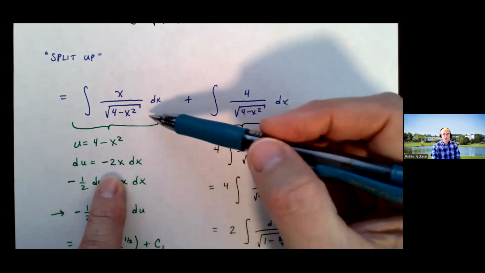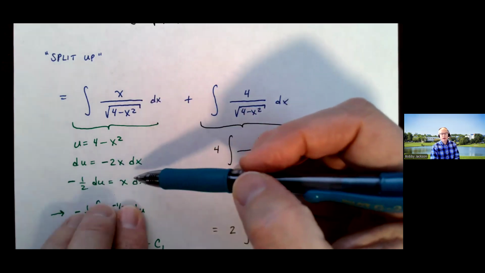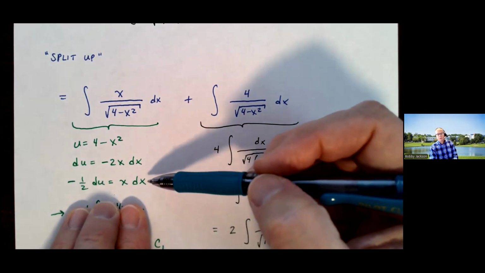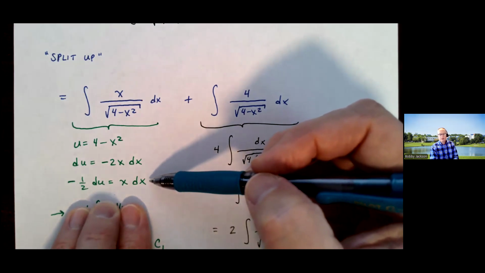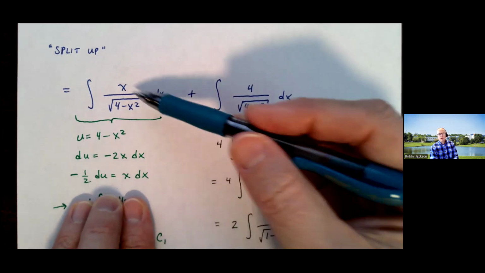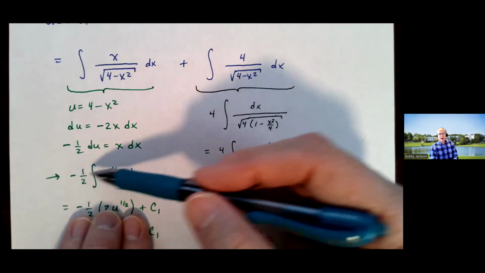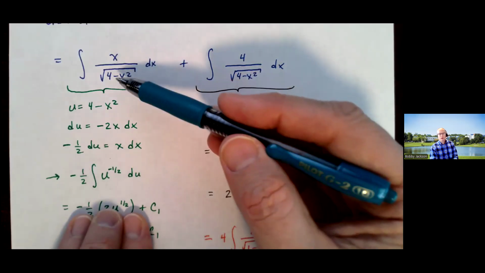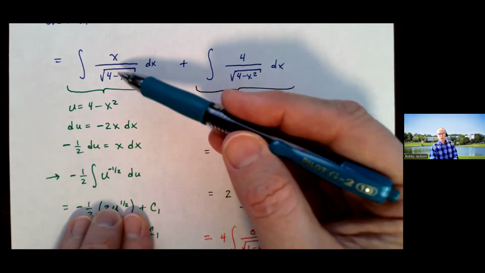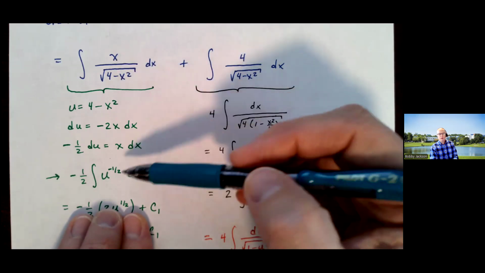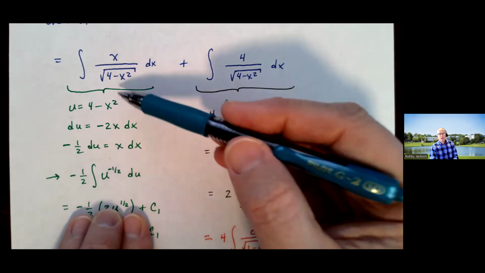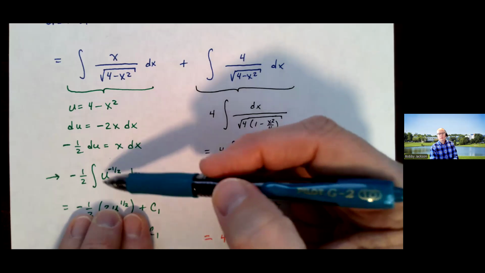I've got an x dx, and so I'm going to multiply both sides by negative 1/2. Negative 1/2 du is x dx. And now I can replace that. I'll pull the negative 1/2 out, and I'll have 1 over the square root of u. Remember, 1 over the square root of u is 1 over u to the 1/2, or u to the negative 1/2 power.